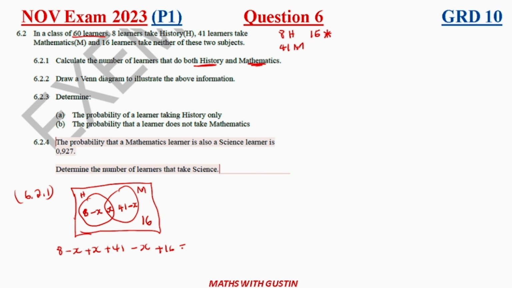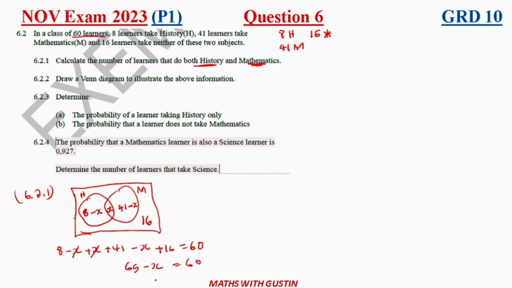It must give us a total of 60. So what we do in this case is simplify. Minus X and positive X would cancel out, therefore you have 8 plus 41, which is 49, plus 16 here is going to be 65. Let me write properly. It's going to be 65 minus X is equal to 60.